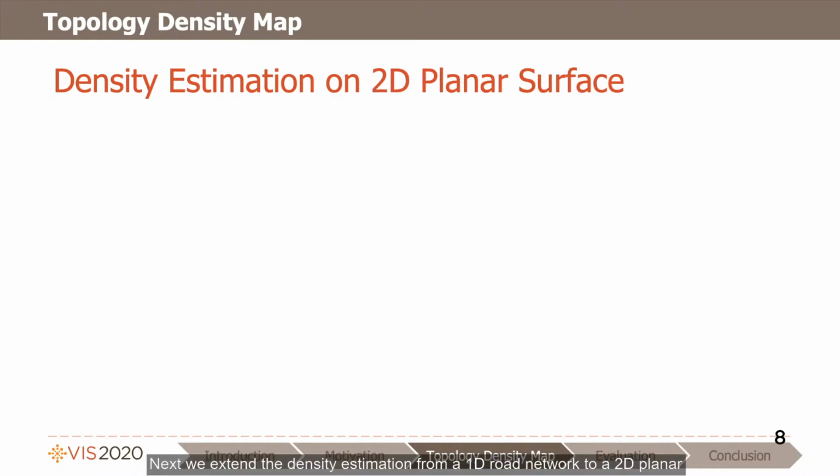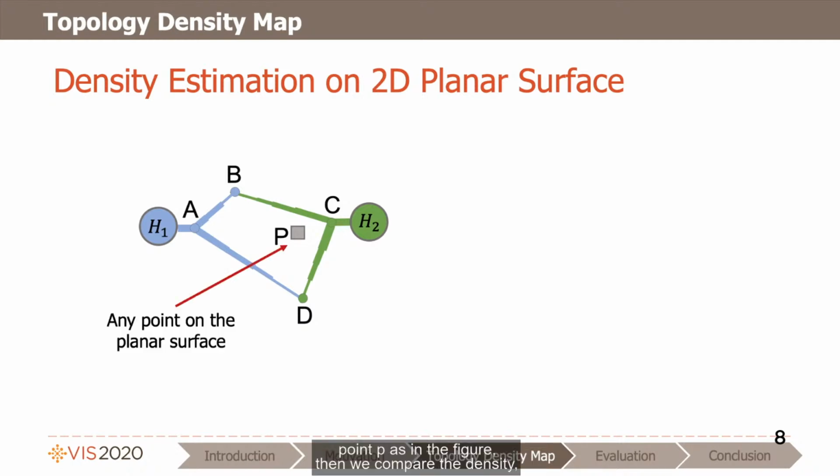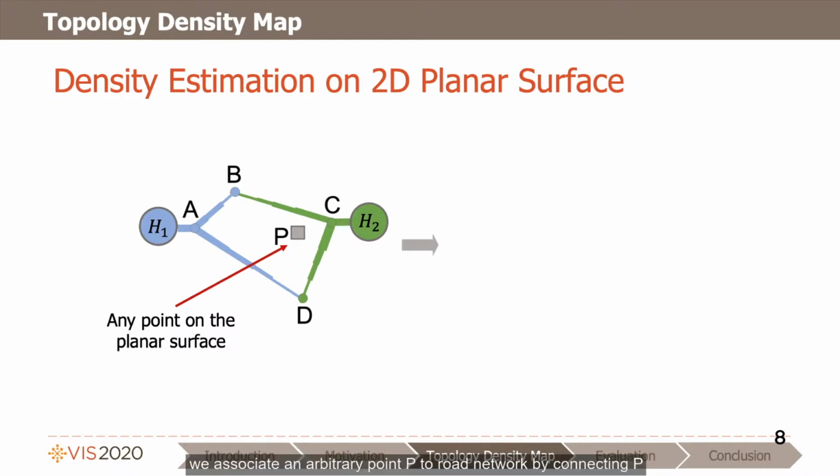Next, we extend the density estimation from a 1D road network to a 2D planar surface to fulfill the intuitiveness requirement. Here, we illustrate the process with density estimation for an arbitrary point P as in the figure. We associate an arbitrary point P to the road network by connecting P to the neighboring intersections, yielding straight walkways AP, BP, CP, and DP.